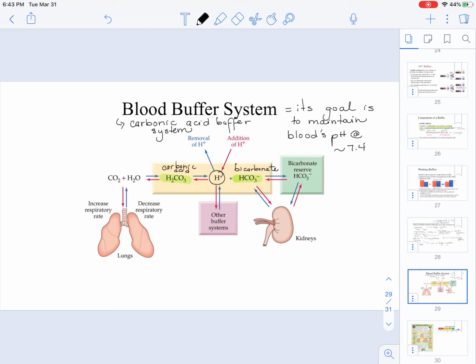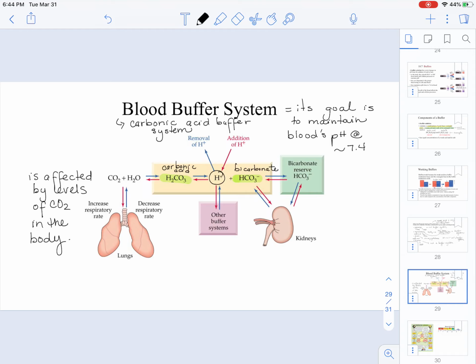Now, understand that this buffer system is affected by the levels of CO2 in the body. Because in our bodies, when CO2 combines with water, that's what results in the formation of carbonic acid.